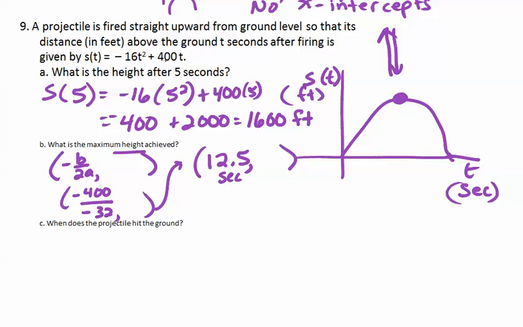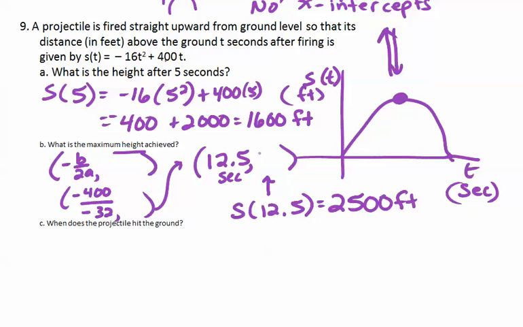The question here is what's the maximum height? So now what do I do to answer the question? I have to find out what s is at 12.5. So put 12.5 into that variable t, and I'm going to pause the video for a second and get that answer on my calculator. And I came up with 2,500 feet.